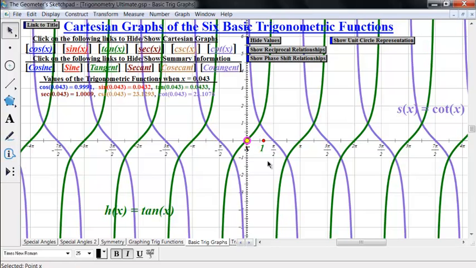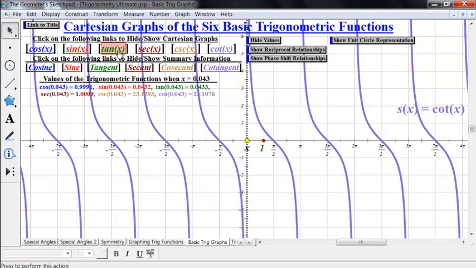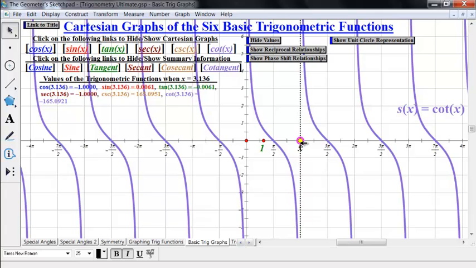But cotangent is actually decreasing on each piece. So there's cotangent, and like tangent, it has a period of pi. And when you look at one period, if you started at an asymptote and go to the next asymptote, that's one period, and that's one connected piece where it's decreasing. The places where it touches the axis, let's see, pi over 2, 3 pi over 2, 5 pi over 2, those are when it's 0.